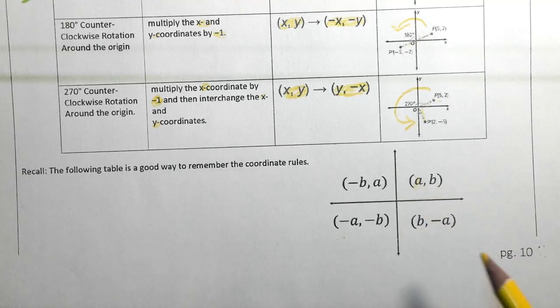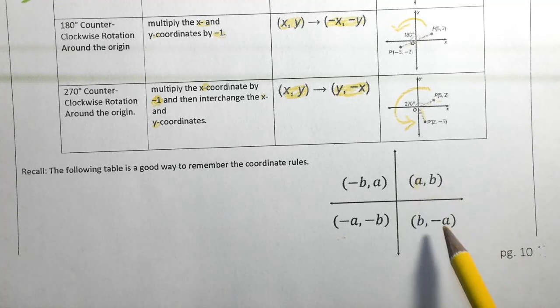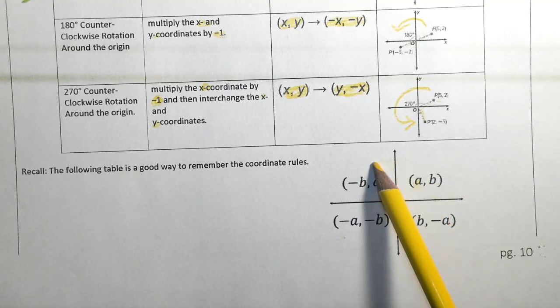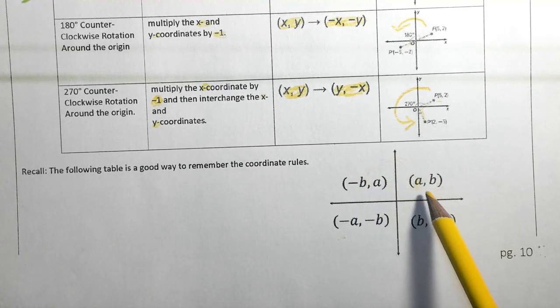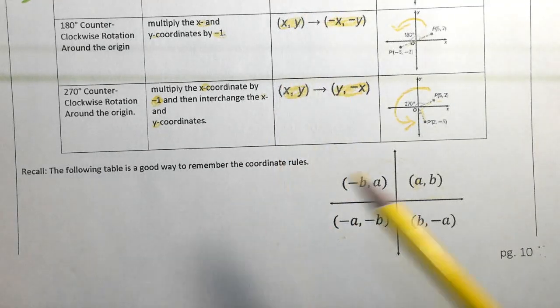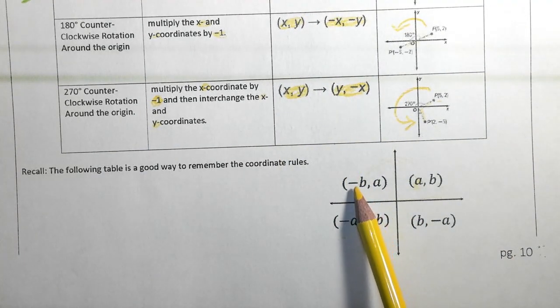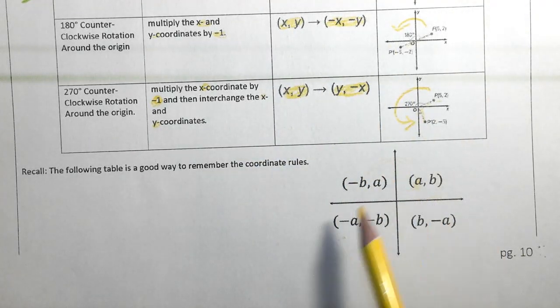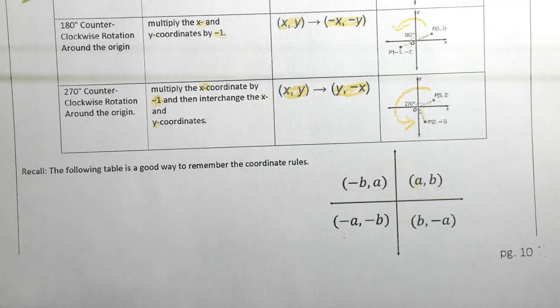I mentioned that a couple of times. So your top right is going to be positive, positive. So when we go over here, 90 degrees, if we're going counterclockwise, we flip these and the y becomes a negative, like it said above where you can see now. So it's -B, A. We're just using these rules. It's just in AB instead of XY. If you guys want me to put it in XY, I can do that too.